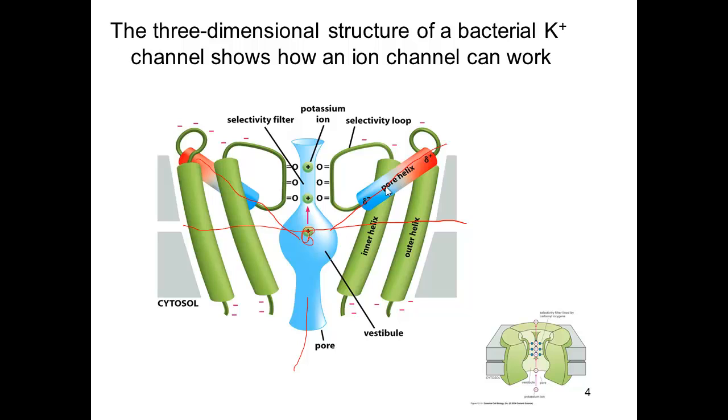Remember when we talked about enzymes, we talked about the dipole moments of all the individual peptide bonds and how those vectorially sum to produce a larger dipole moment associated with an alpha helix. And these focus negative electrostatic field in the center of this vestibule area, which can help stabilize potassium charges. For the selectivity filter, we'll go to the next slide.